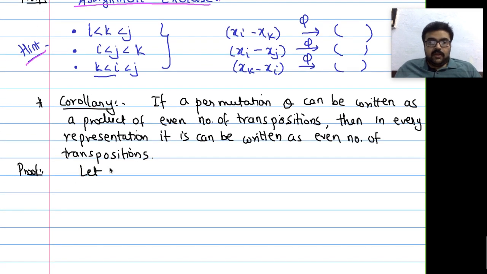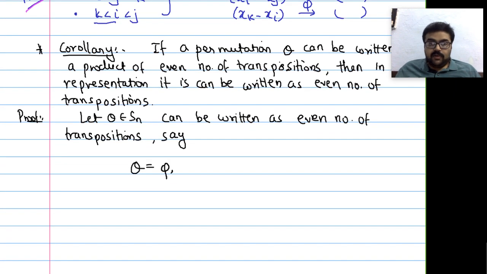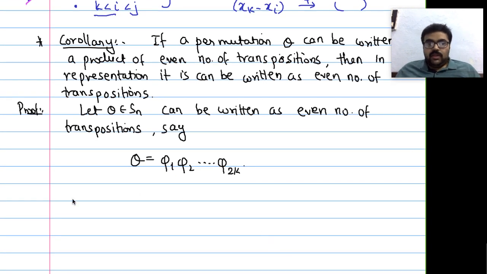Proof: let theta belong to Sn, and suppose it can be written as an even number of transpositions. Say theta equals phi 1, phi 2, up to phi 2k, where these are transpositions, an even number of them. Then what about theta of Pn?